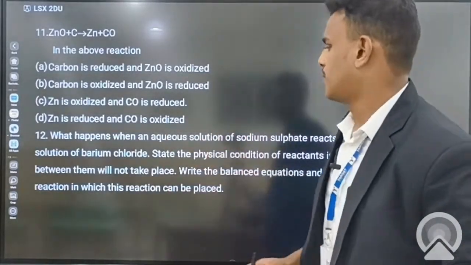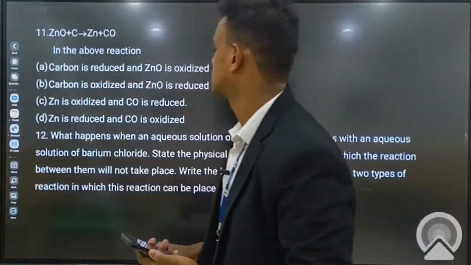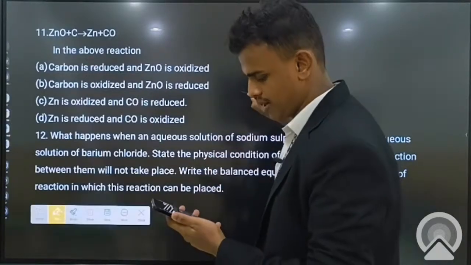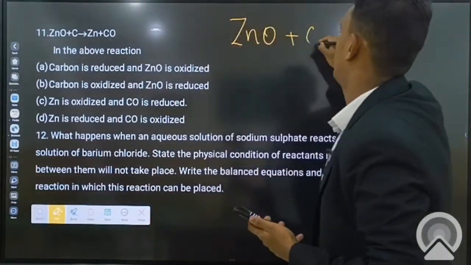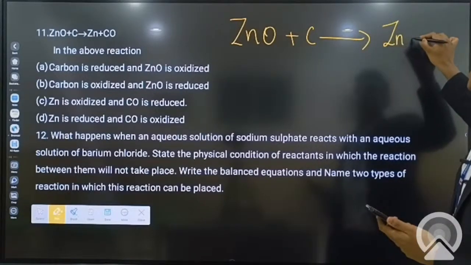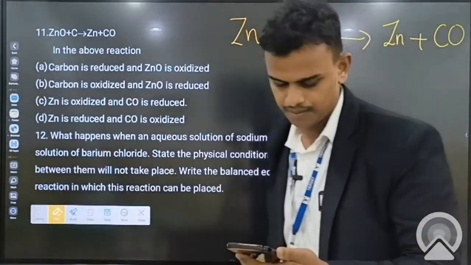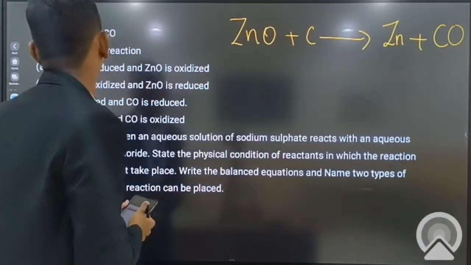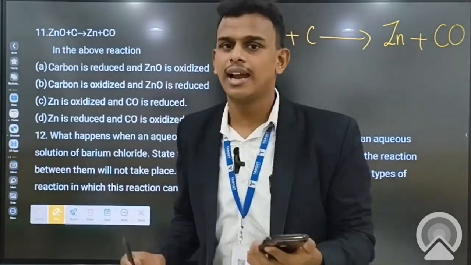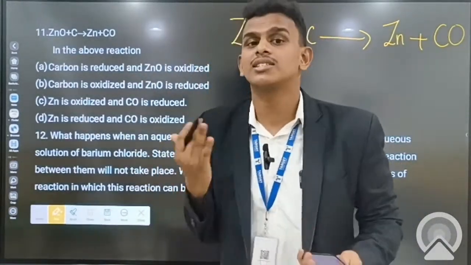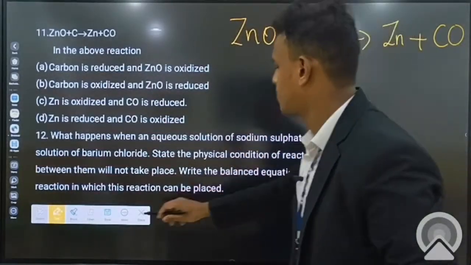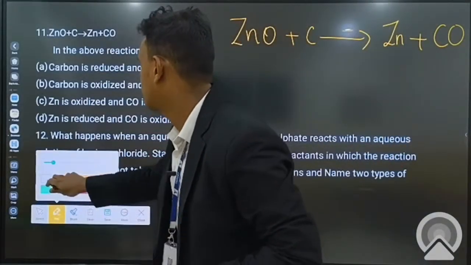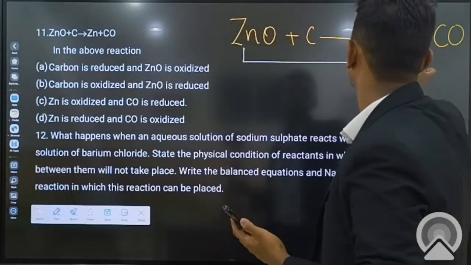Next one. Some reaction is given. I can enlarge that reaction here again. Zinc oxide plus carbon gives zinc plus carbon monoxide. So what happened here? In this kind of reaction, both sides may be given. This time, don't panic. You can draw a line connecting zinc to carbon.